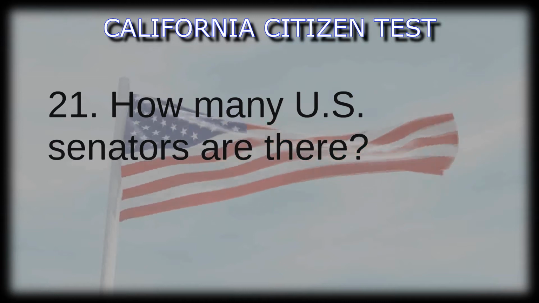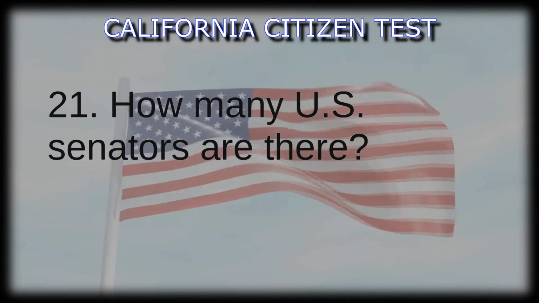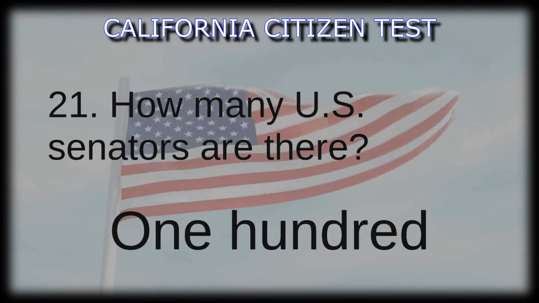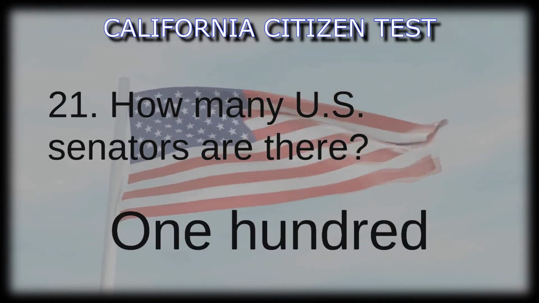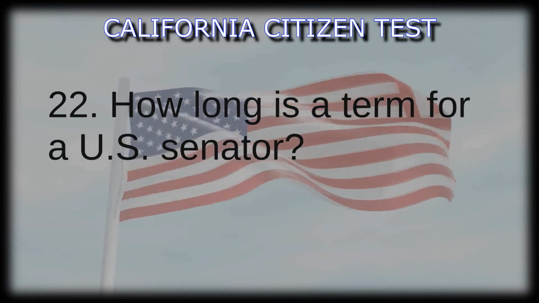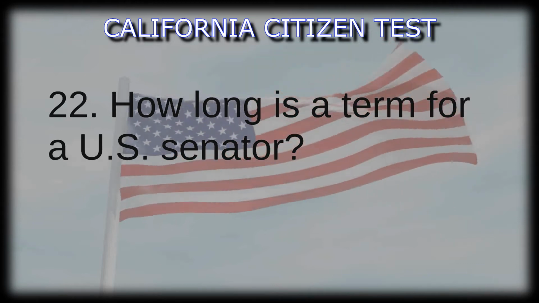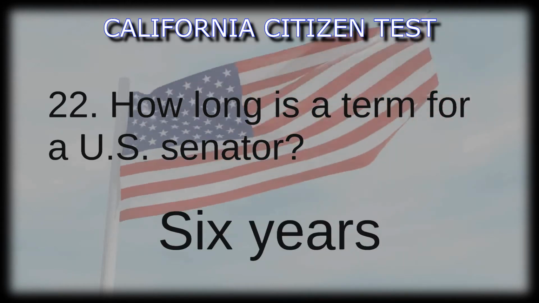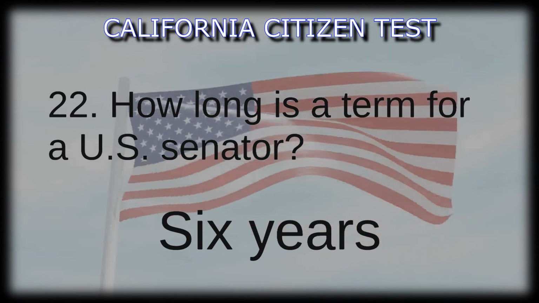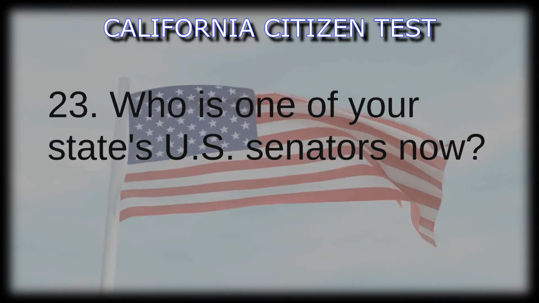21. How many U.S. senators are there? 100. 22. How long is a term for a U.S. senator? 6 years. 23. Who is one of your state's U.S. senators now?